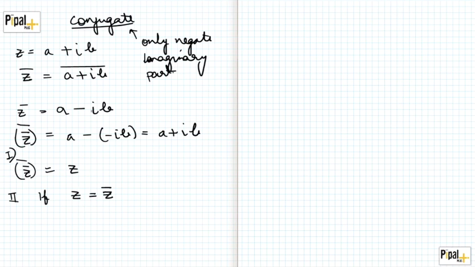That means a plus ib and a minus ib are equal, which means that b equals 0. So this is a purely real complex number, right?